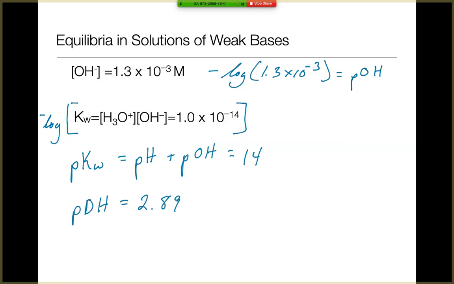That's not what the question was asking. It's asking for pH, so rearranging this equation, pH is 14 minus pOH. So 14 minus 2.89, and again, I get 11.11.